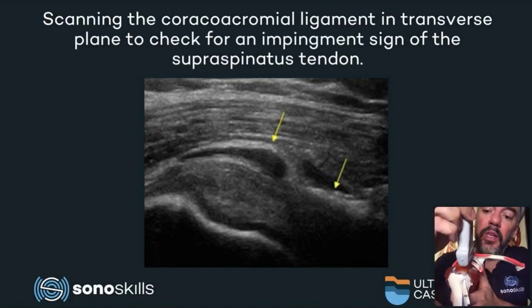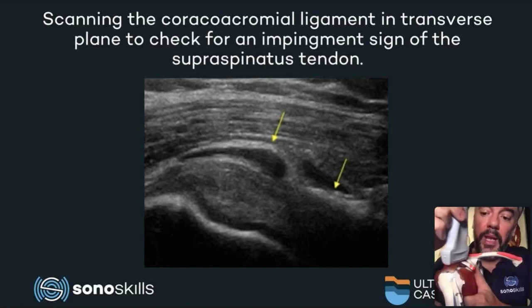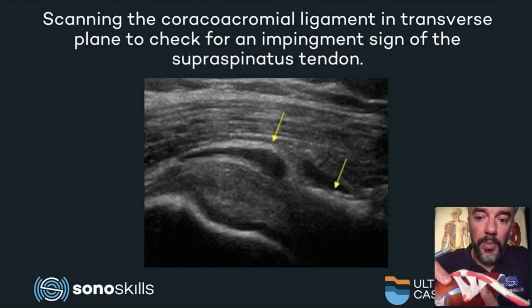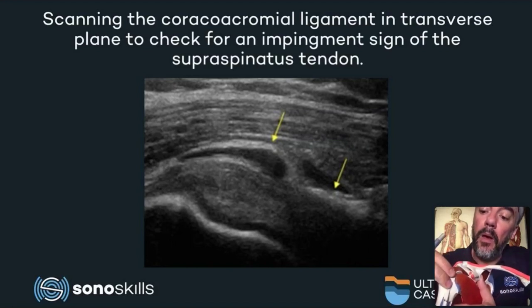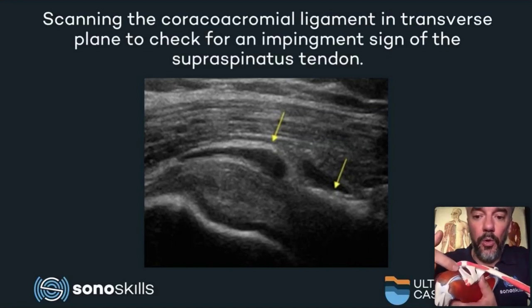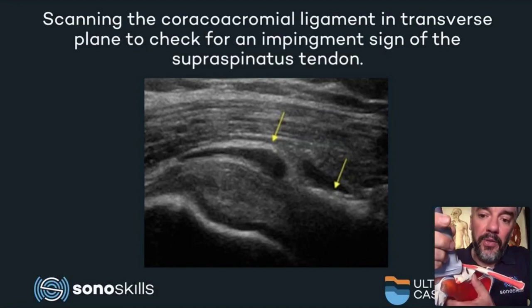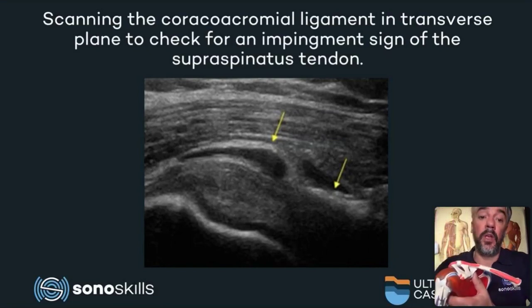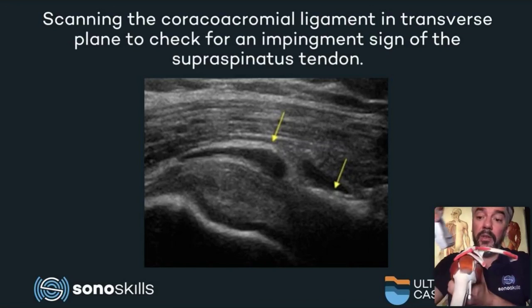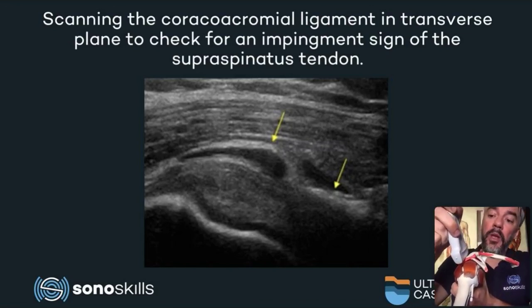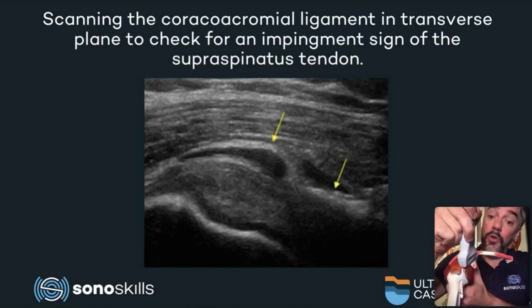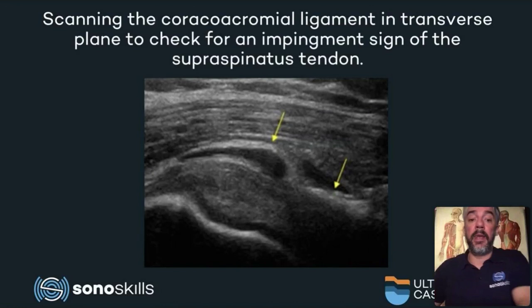But if you want to see the anterior part of the supraspinatus, you can also scan the dynamic gliding of the supraspinatus in relation to the coracoacromial ligament, placing the transducer like that on the supraspinatus. So if you want to find it, place the transducer on top of the acromion, slide ventral, ventral, ventral until you see no acromion anymore, and then you see actually this image.